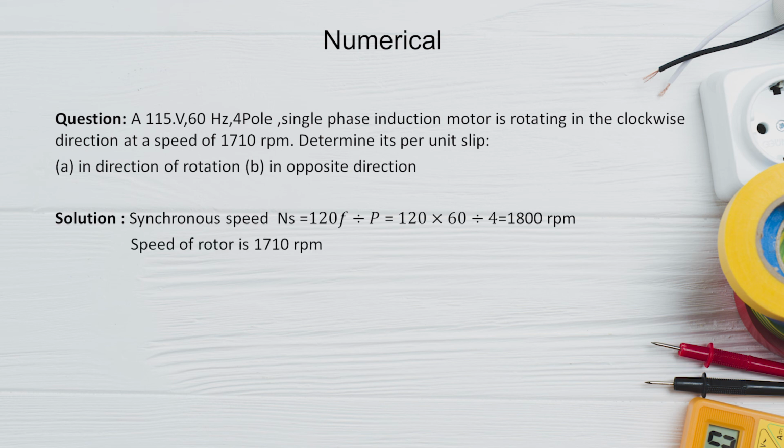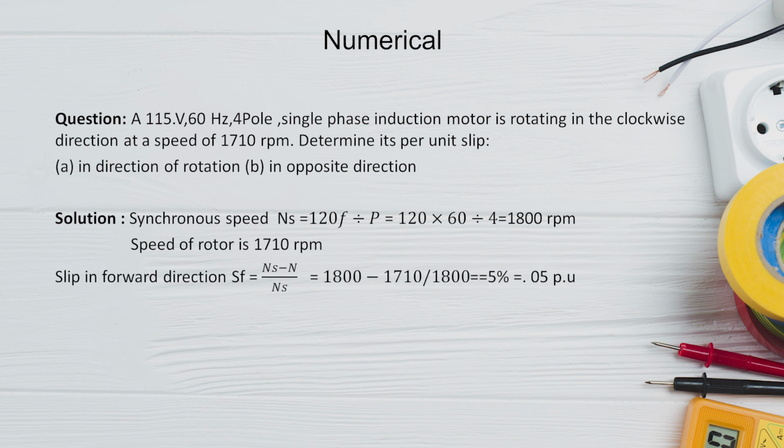But the speed at which your motor is running is 1710 rpm. So, what will be the slip when it is rotating in the forward direction? That means it is rotating with a positive speed. Substituting in the slip formula, synchronous speed minus rotor speed divided by synchronous speed, it comes out to be 5%.